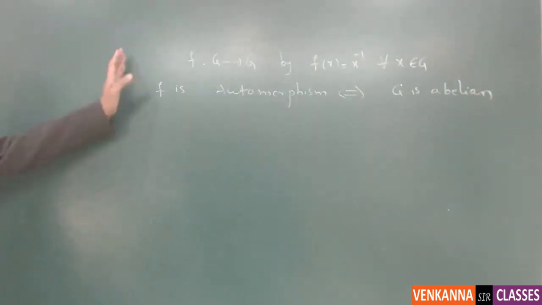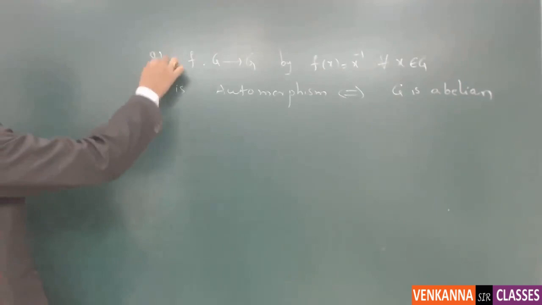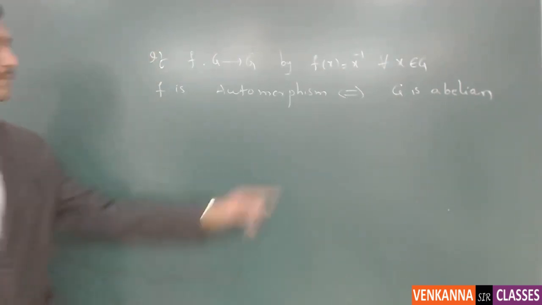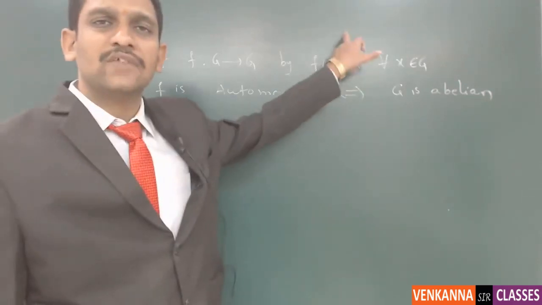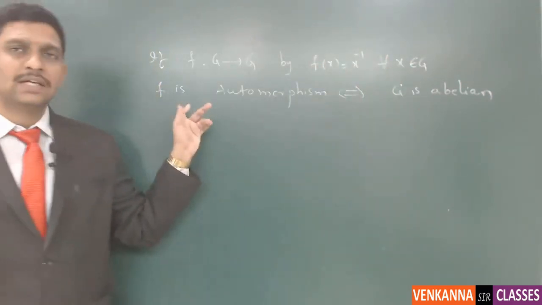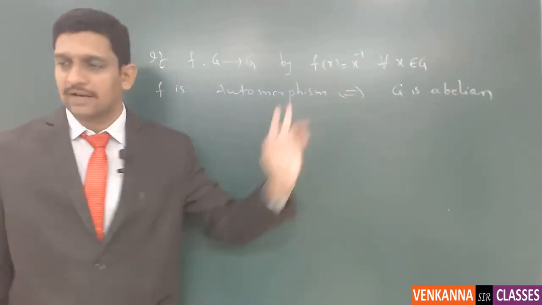So this is one interesting problem. Let us discuss this. First of all, take a note of this. If f from G to G is a function defined by f of x equal to x inverse for every element in the group G, then it becomes an automorphism if and only if G is abelian.